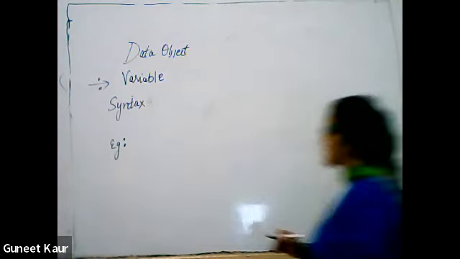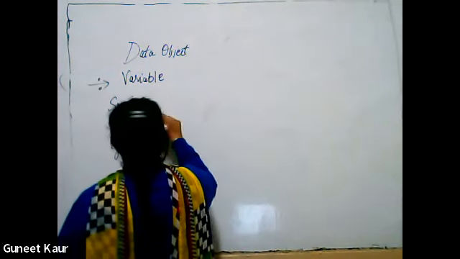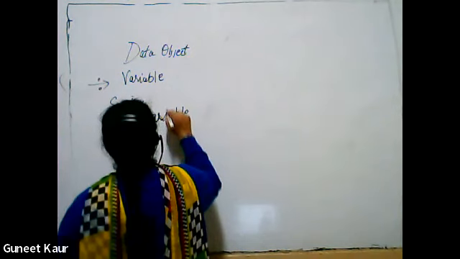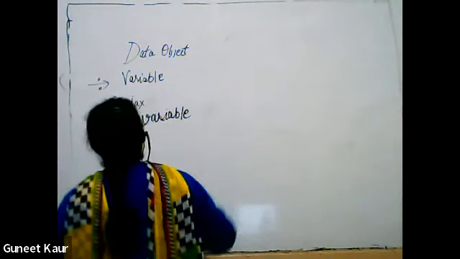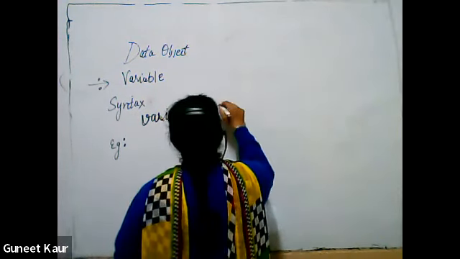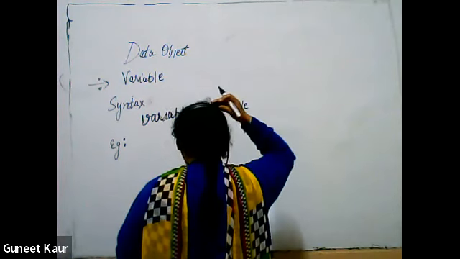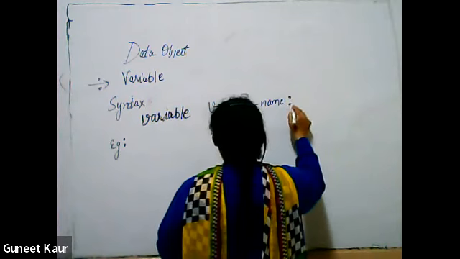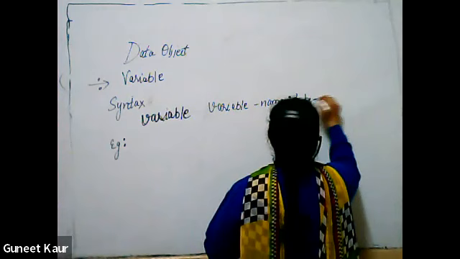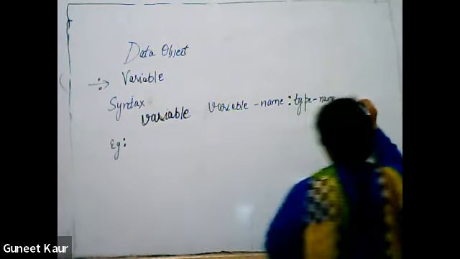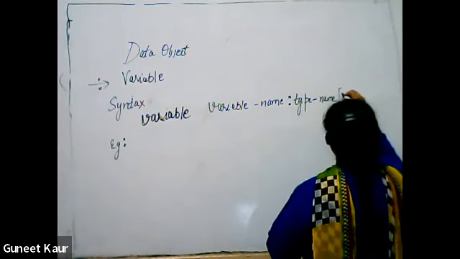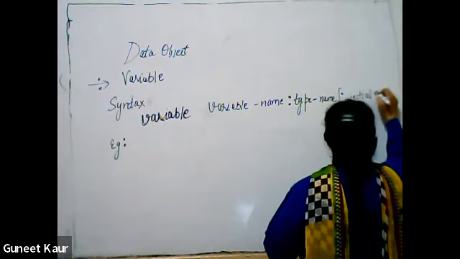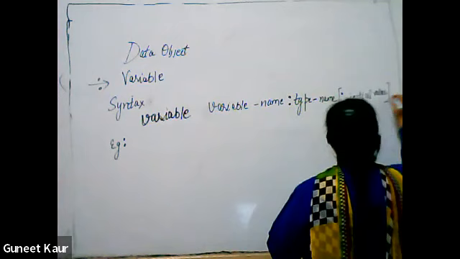The syntax used for the variable data object is written with the reserved keyword variable, then variable name, then colon, then type name, then square bracket start, colon equal to initial value, square bracket close, semicolon.